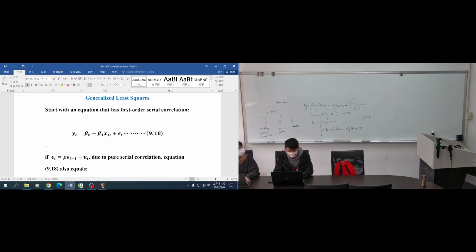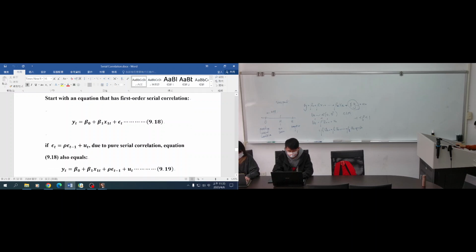If we have first order serial correlation, the model is like equation 9.18.